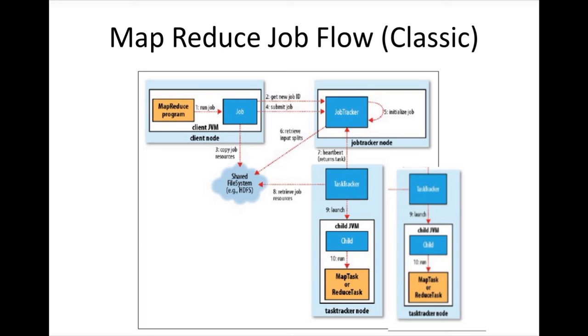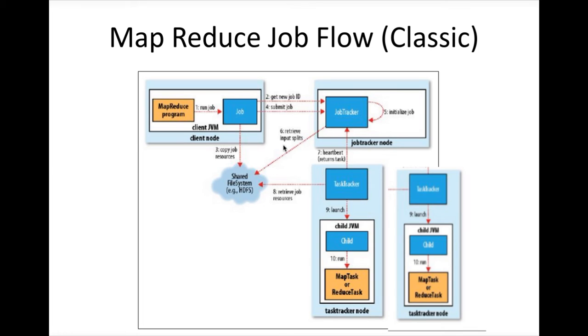So job tracker has to know where the blocks related to that file are, and it has to retrieve that information, and then on top of that, it will also check the health condition of each of the nodes by getting heartbeat from the task tracker.